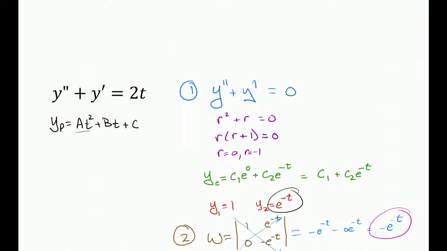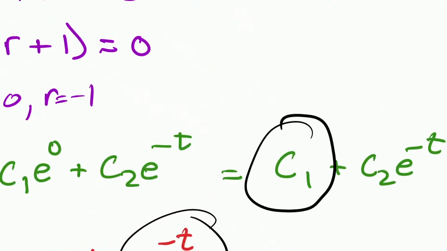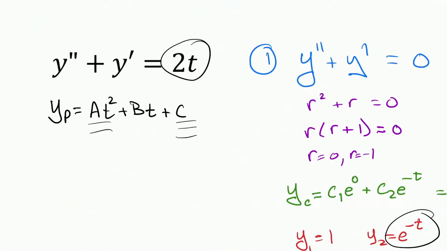You might say, why is there an a times t squared when this is just a t? The reason is because it overlaps with this. So notice that the C1 for the general solution, that's the derivative of t. So that's why I had to throw an extra t in there. That's the price I pay.